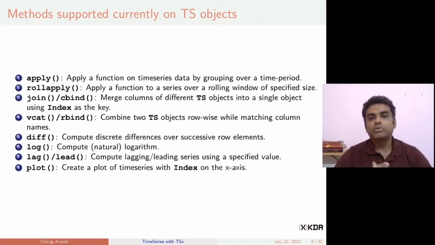Then we have a function to apply another function over a rolling window of a specified size. Then we have a function to join or column bind two different TS objects into a single object using the index as the key. Then we have vcat or row bind operation, which can combine two TS objects row-wise while matching column names.